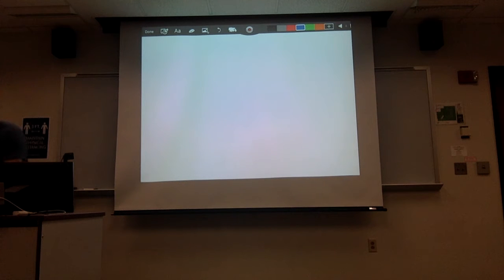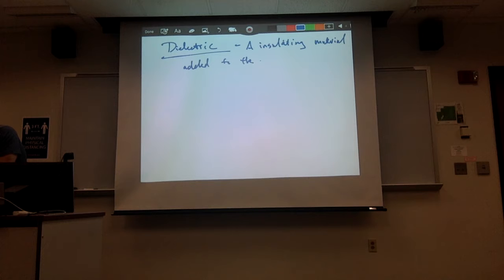So good. The last topic we're going to talk about in this chapter is what's known as a dielectric. So what's a dielectric? A dielectric is a material that we can add to a capacitor to increase the capacitance of the capacitor. So a dielectric is an insulating material added to the capacitor to increase the capacitance of that capacitor.